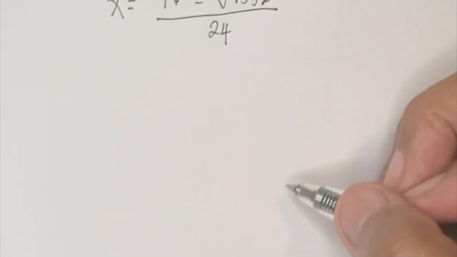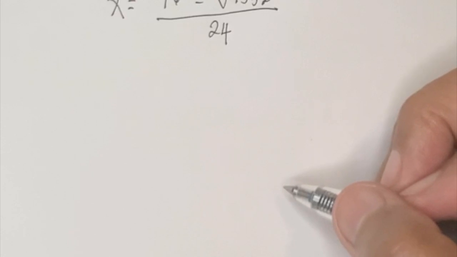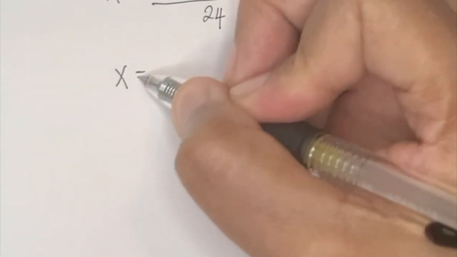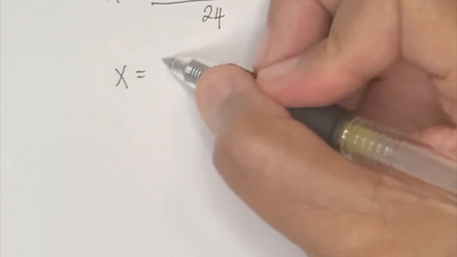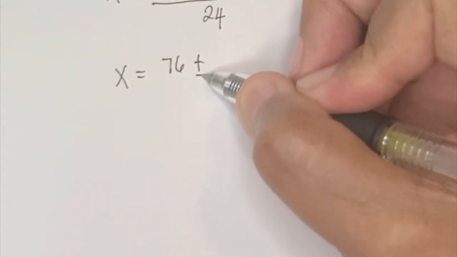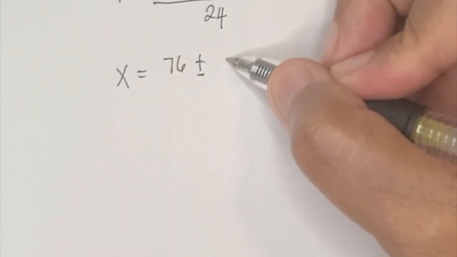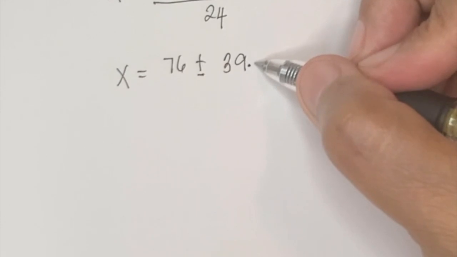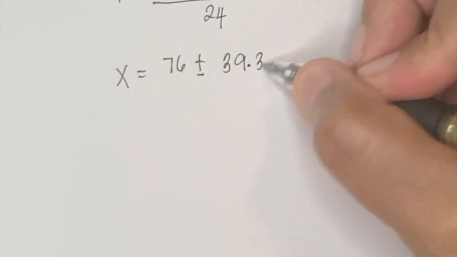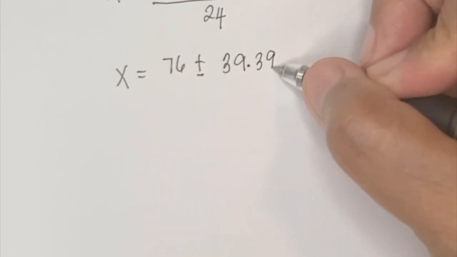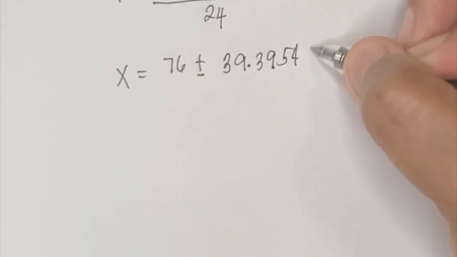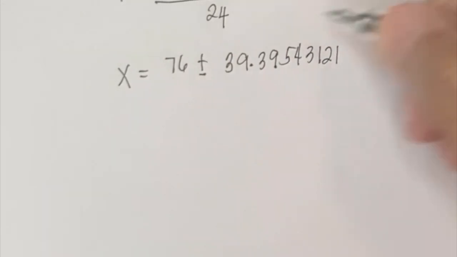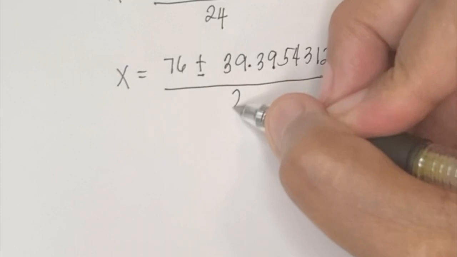Okay, so let's take the two values of X. Let's first have X, the plus and minus. X equals 76 plus the square root of 1552, which should be around 39.395432121. Check your calculator. Divided by 24.